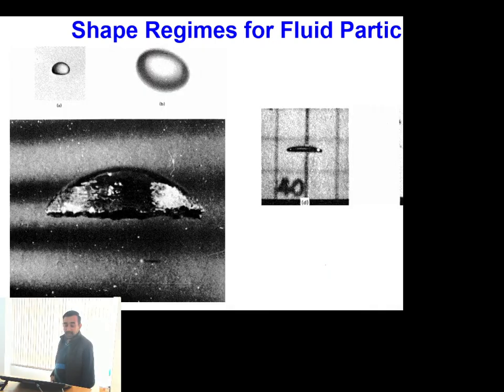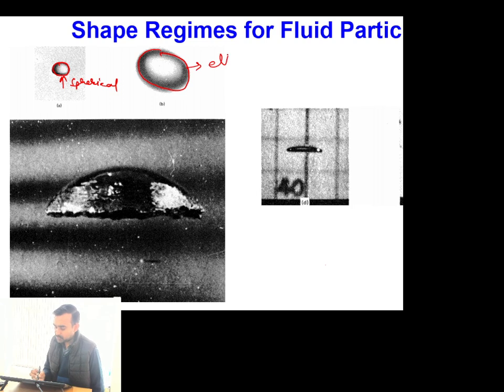Okay, so now these are the experimental shapes of particles. Here you can see the experimental photograph of a spherical bubble. Okay, and once your bubble grows in size, then what happens? The shape of the bubble distorts, and this is the photograph of a corresponding ellipsoidal shape.